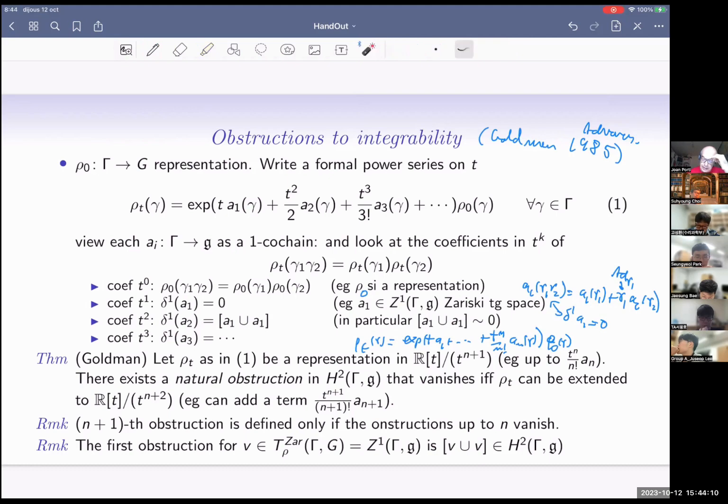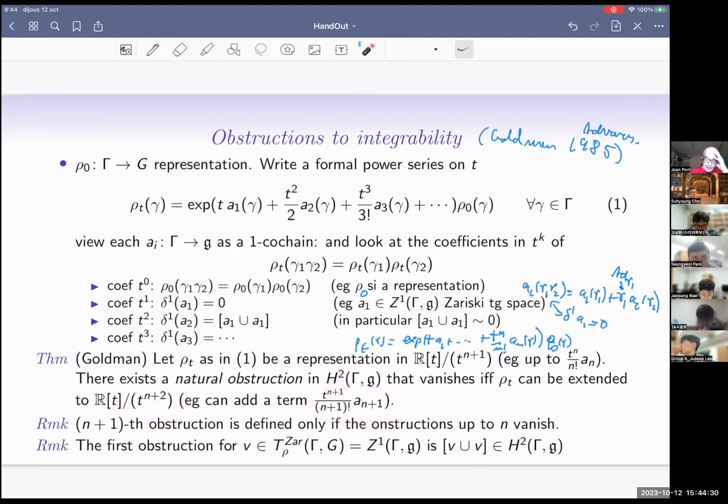This is what it means here. So I can go up to the term n. Well, in fact, it's written here, sorry. Then there is an obstruction which lives in H2. It vanishes if and only if it can be extended to the next term.